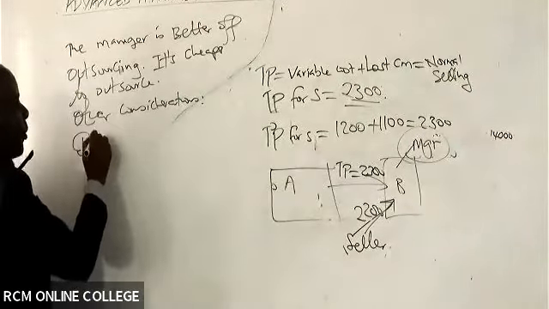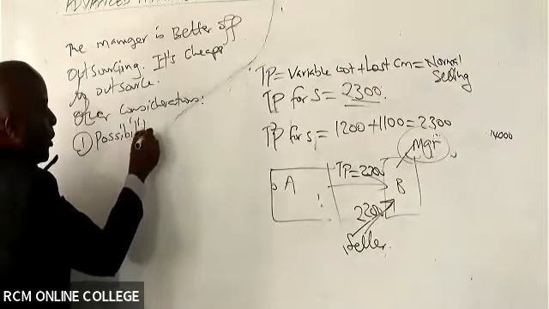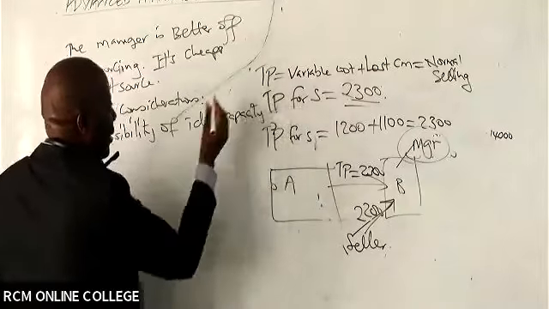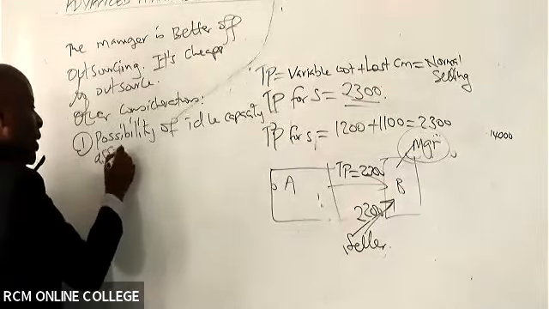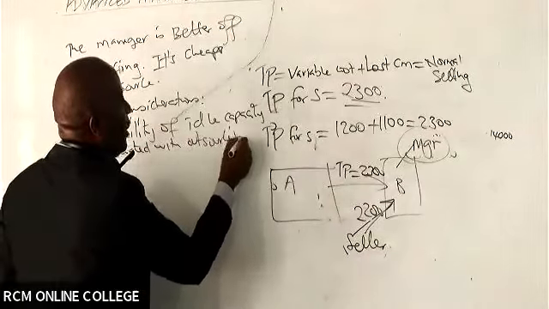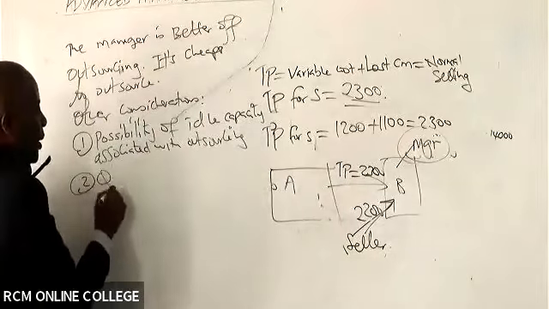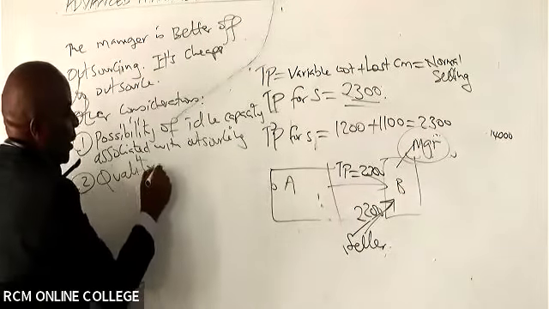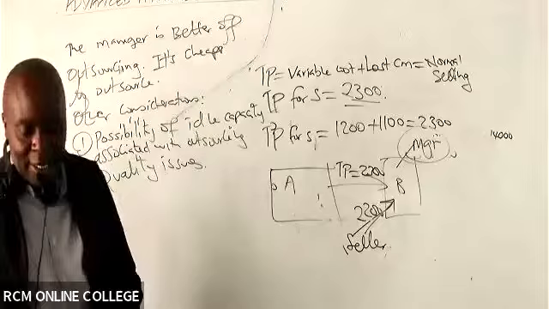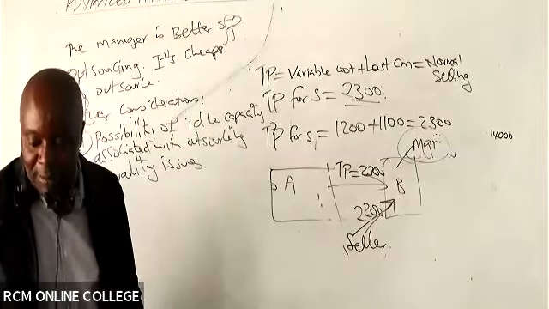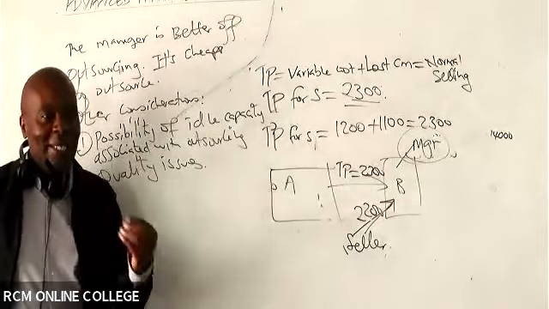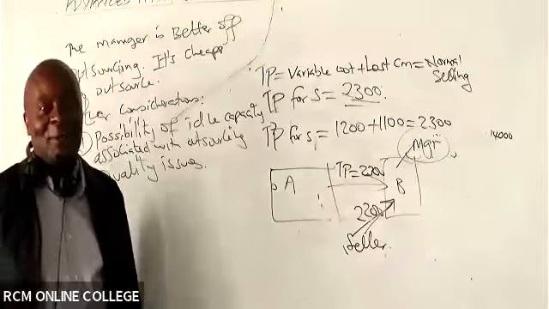Number one will be the possibility of idle capacity associated with outsourcing, and then quality issues. This well-wisher is going to give us these particular products from outside, are we assured that they will be able to give us the same quality? This is the argument you are supposed to bring in this question.